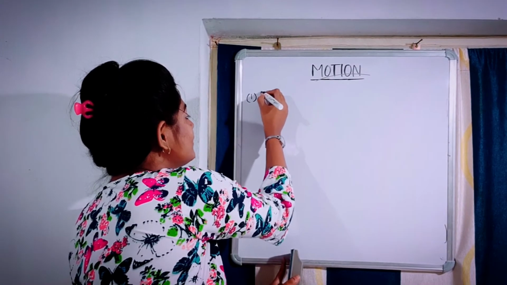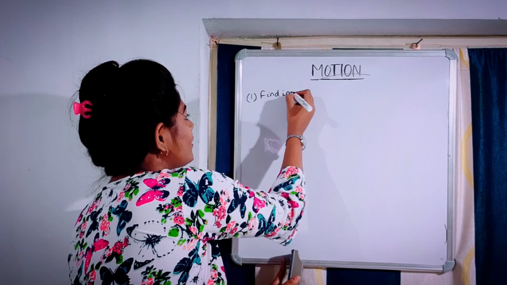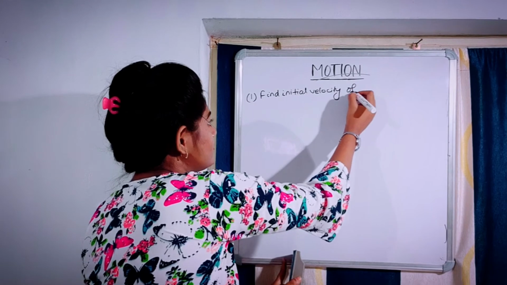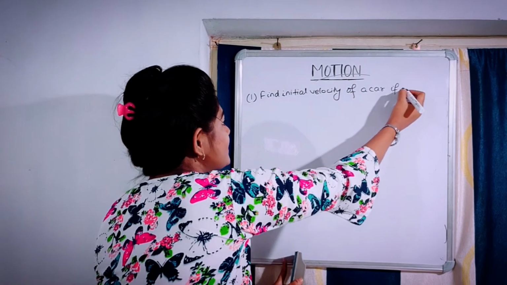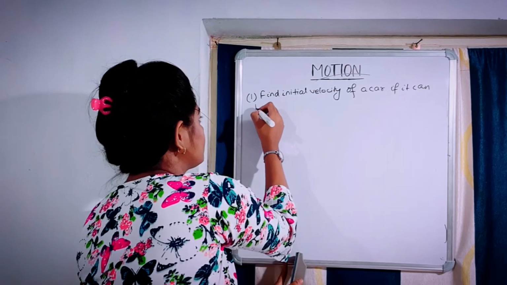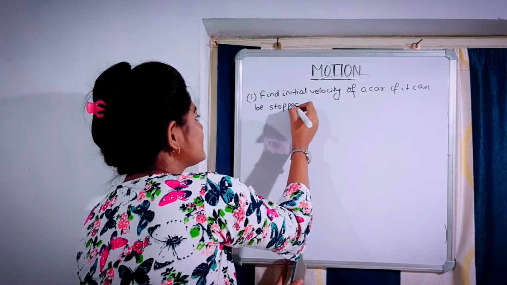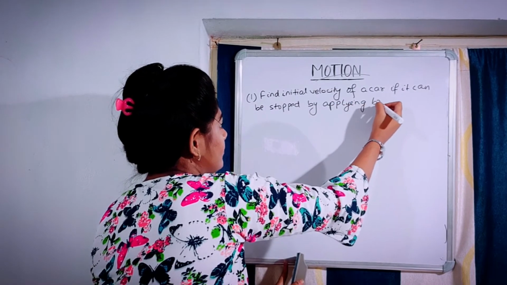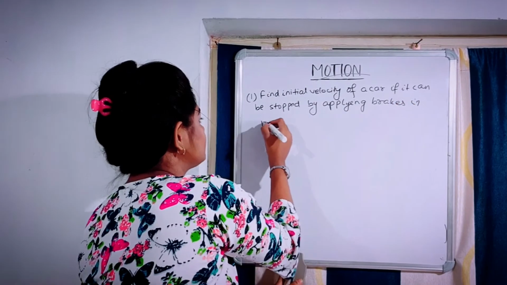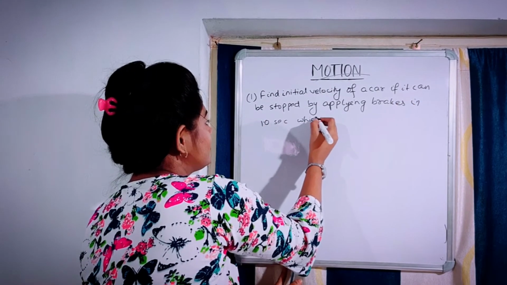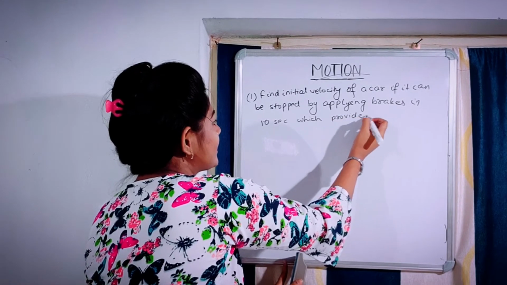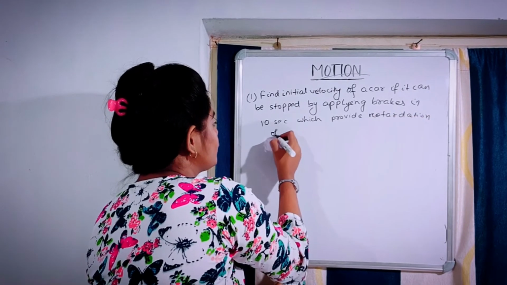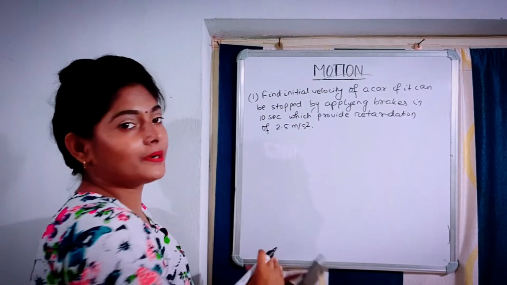Find the initial velocity of a car if it can be stopped by applying brakes in 10 seconds, which provide retardation of 2.5 meter per second square.